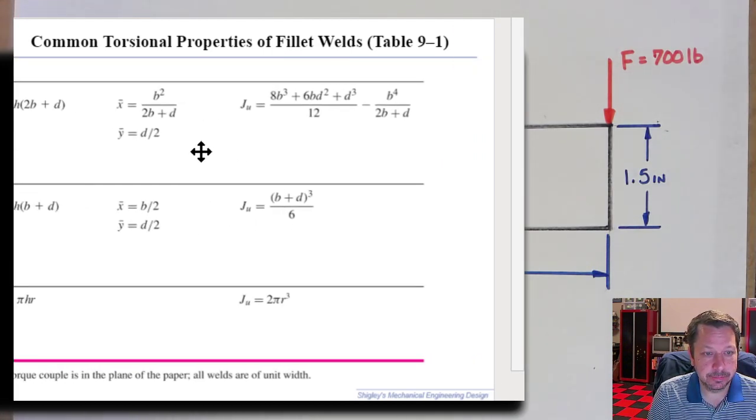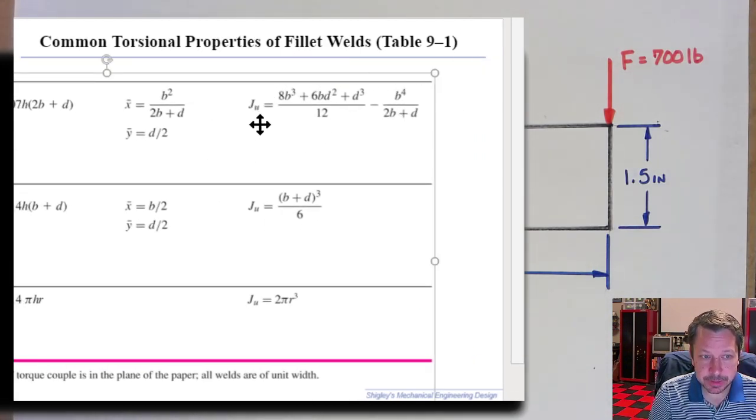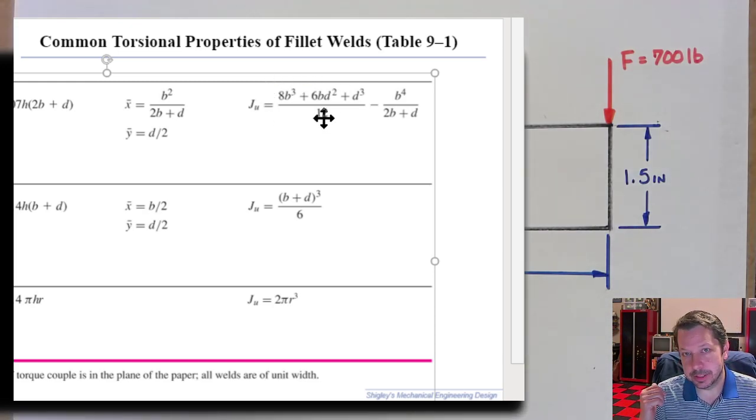And then over here, they have this. They don't have J. They have J sub U. So this is like a unit polar moment of inertia. So this will get you the polar moment of inertia. Now, there are techniques described in the chapter on how, if you have something other than a regular weld group, how to create that polar moment of inertia.